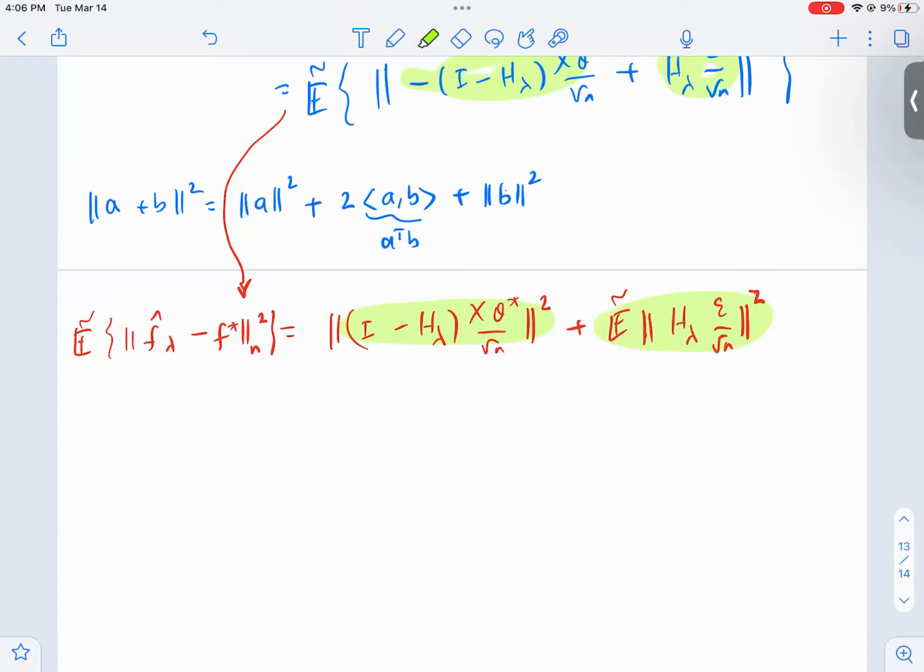Does anyone know the name of the trade-off, or what these two terms mean? Bias-variance. Great. So this would be the bias term, and this would be the variance, right?